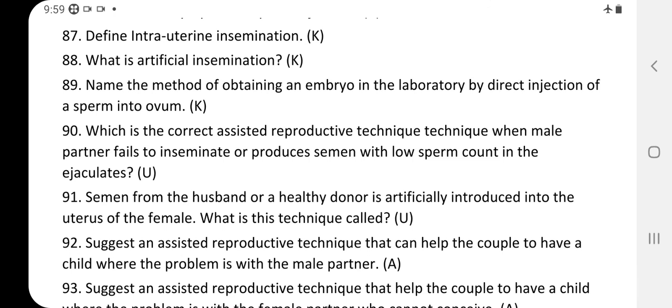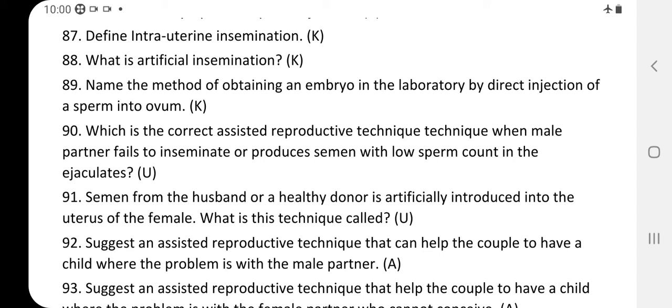Next, 89th question. Name the method of obtaining an embryo in the laboratory by direct injection of sperm into the ovum. That method is intracytoplasmic sperm injection. 90th question.